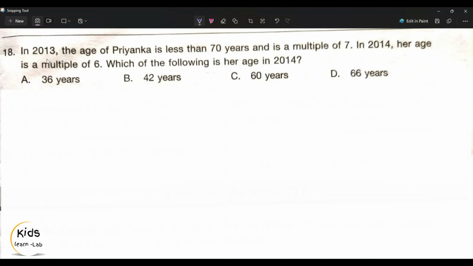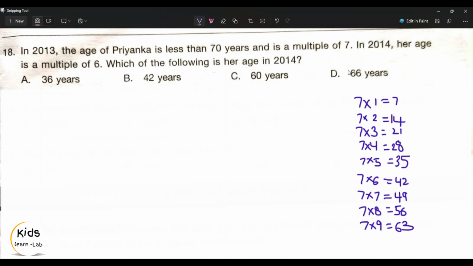18th question. In 2013, the age of Priyanka is less than 70 years and is a multiple of 7. In 2014, her age is a multiple of 6. Which of the following is her age in 2014? So, multiples less than 70 are 7, 14, 21, 28, 35, 42, 49, 56, 63.